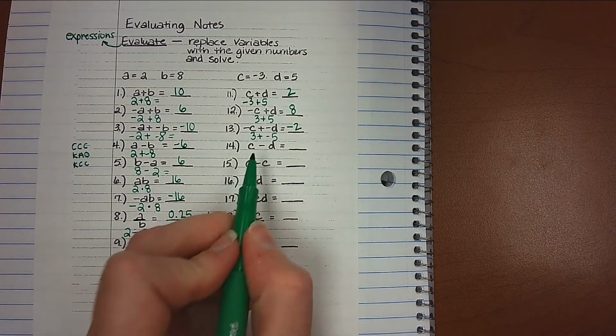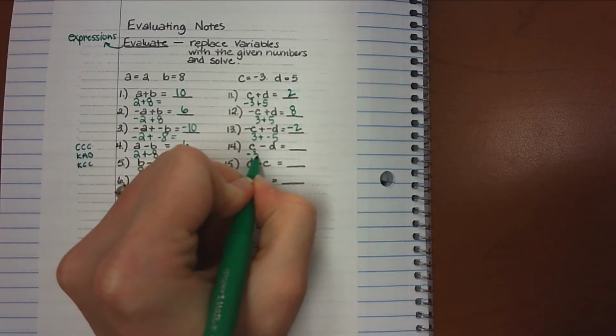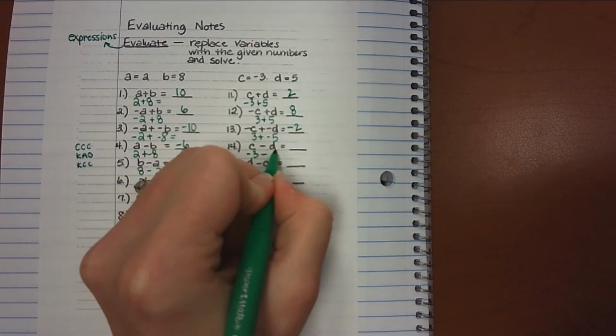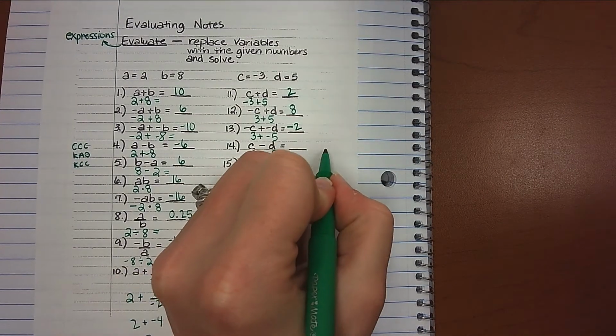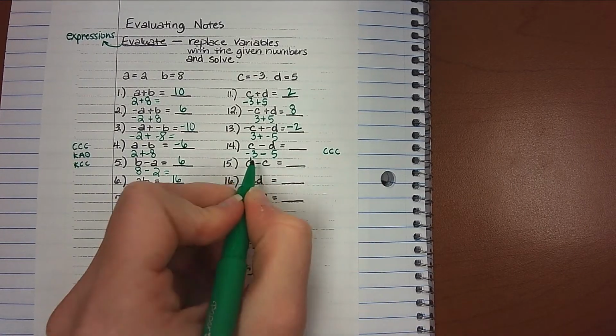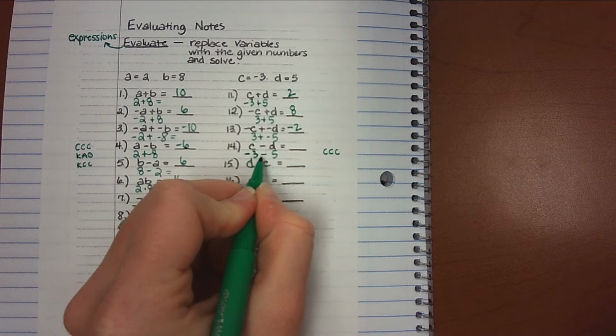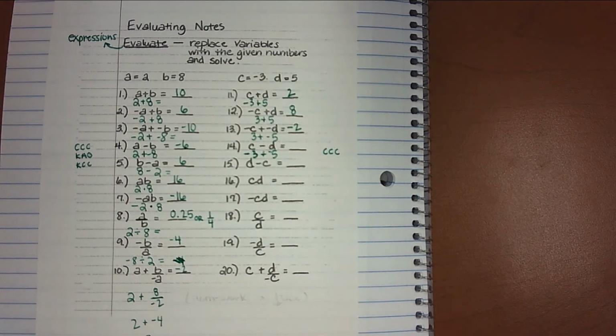On this next one, we've got C minus D. So C is -3 minus D is 5. When we get to our subtracting integers, we use the 3 C's, copy, change, change. So I'm going to copy -3, change subtraction to addition, and change +5 to -5.